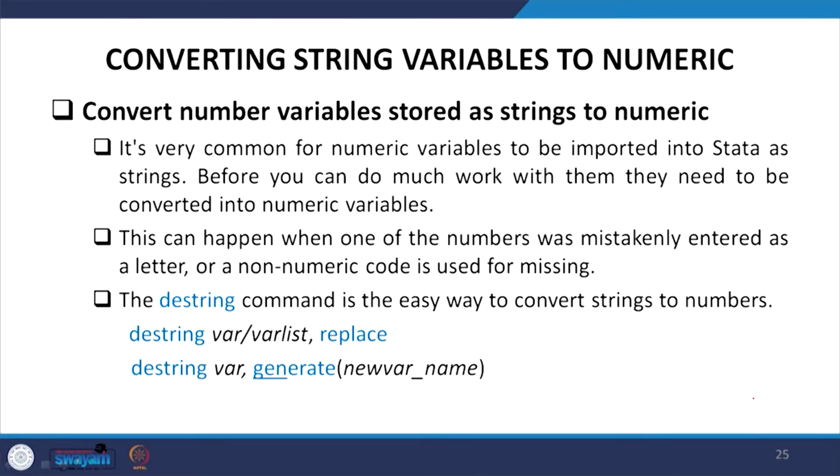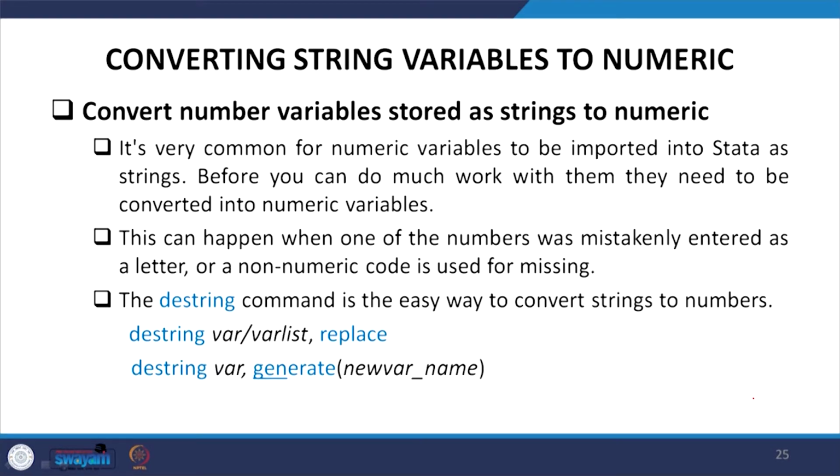It is very common for numeric variables to be imported into Stata as string, and before you can do much work with them, they need to be converted into numeric variables, as I just mentioned. This can happen when one of the numbers was mistakenly entered as a letter, or a non-numeric code is used for missing.